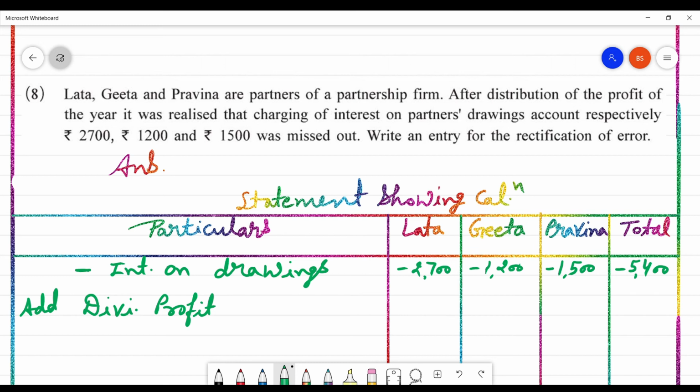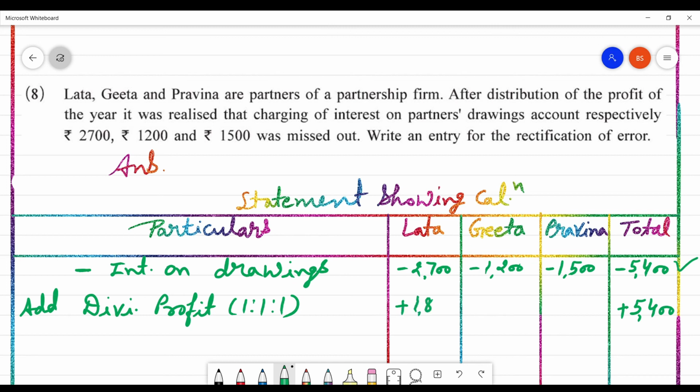So we will get a divisible profit of 5,400 and we will distribute it in the P&L ratio. Here the P&L ratio is not given, so we will take equal ratio.